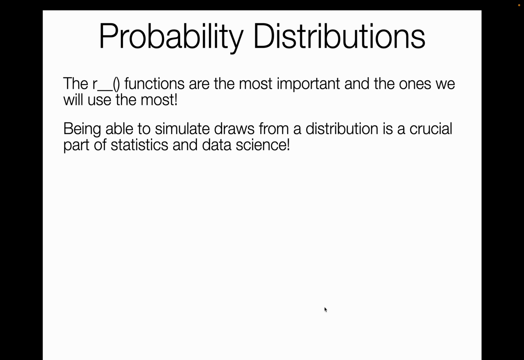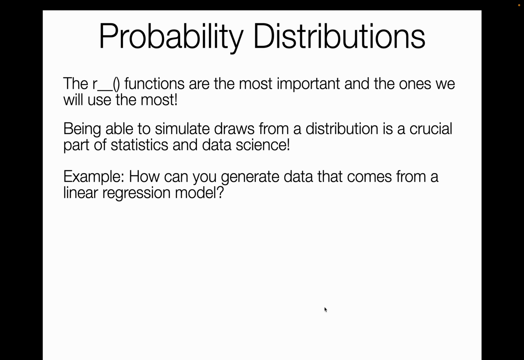Being able to simulate draws from a distribution is a crucial part of stats and data science, and it is actually something that we will do a lot in data science too. And one would argue that having draws from a distribution, like numbers that behave like a distribution, is actually more powerful than having the functional form of the distribution itself.